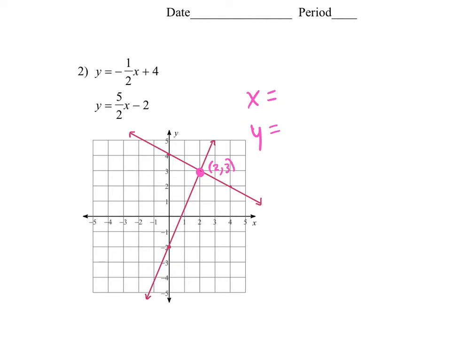So what's x equal to and what's y equal to? Two. So x is 2, and what's y? 3. Perfect. So just make sure you know which one is x and which one is y.